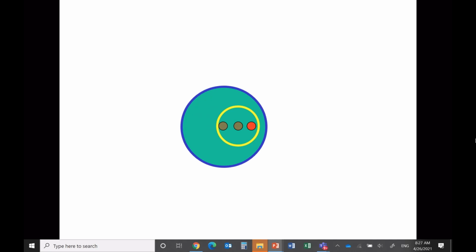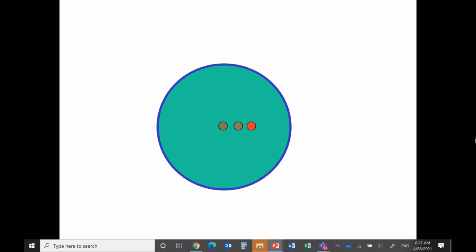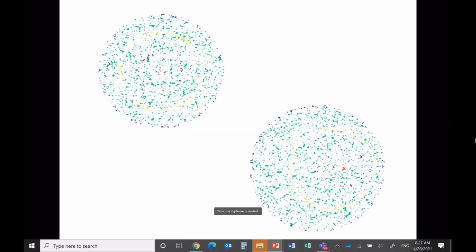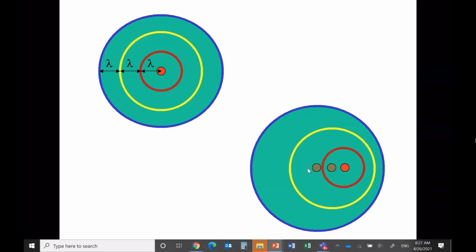Again, the sound center is moved. The first, the second, and this is the third. And have a look now. The distances between the waves are not equal. For instance, from left to right, the distances between the waves are shorter than from right to left.